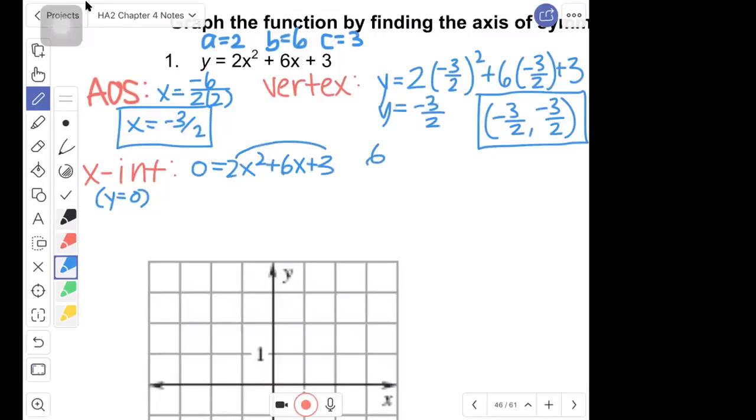Yeah, 3. 3 and what? 3. So 3 and 3 will be factors of 9. Wait. It's okay. So there are no easy factors for this one. So what would you think to do next? The quadratic formula. Yeah, that's what we would do here. So I'll give everyone another minute to finish that quadratic formula if you have not already.